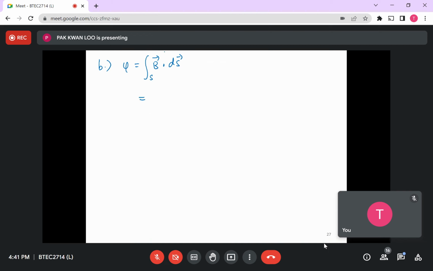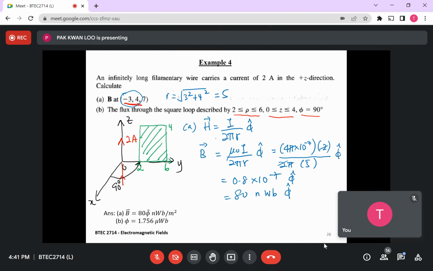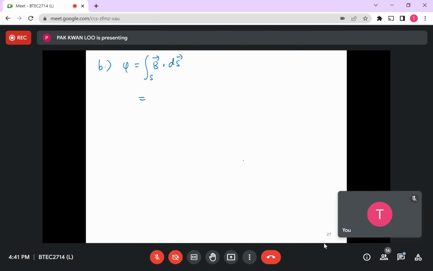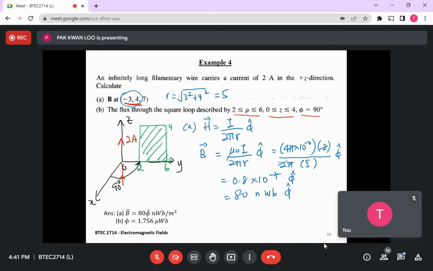So B we already found earlier, which is mu naught I divided by 2 pi r. Okay, this surface here is d rho dz.